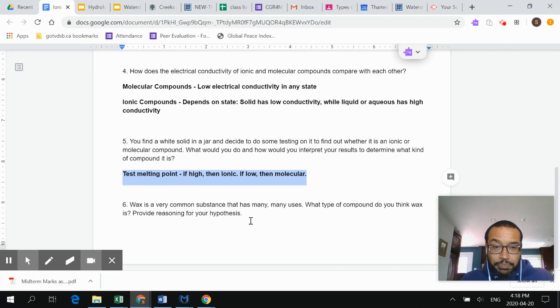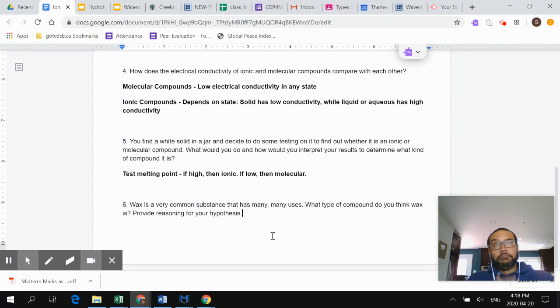All right, last one. Wax is a very common substance. I've asked you here to use your knowledge to try to figure out what type of compound it is, whether it's ionic or molecular. And again, if you were to just look at the answer to the last question, that should give us a pretty good clue. So that wax that you use for your candles doesn't take a lot of heat.